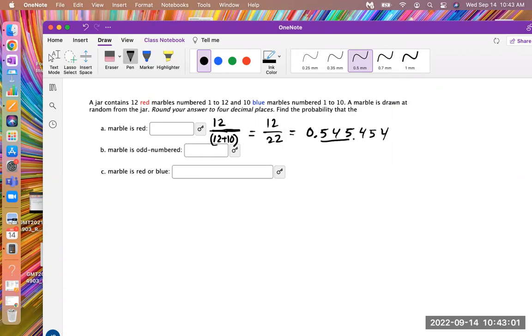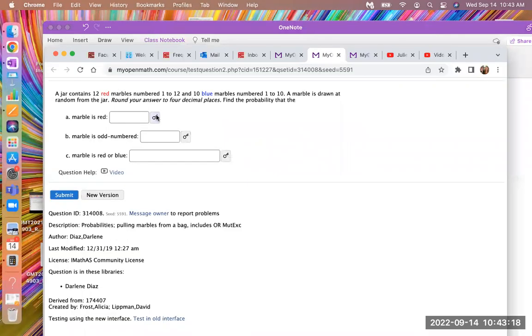They want 4 decimal places, so I look to this number, it's 5 or greater, so I add 1 here and I get a final answer of 0.5455. And there we go. Double check it. Yeah, that's exactly what we get.